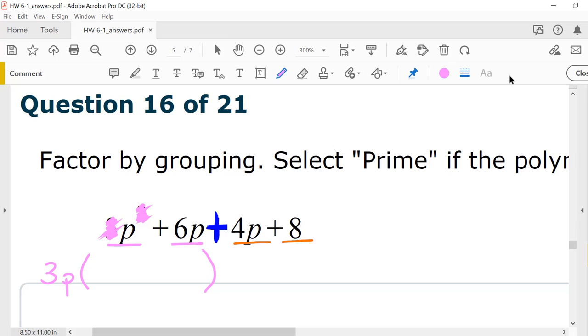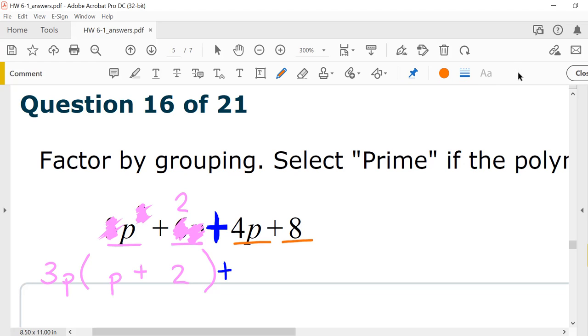So all that remains from this first term when I pull out 3p is p. What about the second term? If I pull out a 3, 3 goes into 6 2 times, and I'm going to pull out the p. So all that remains over here is a 2 plus.